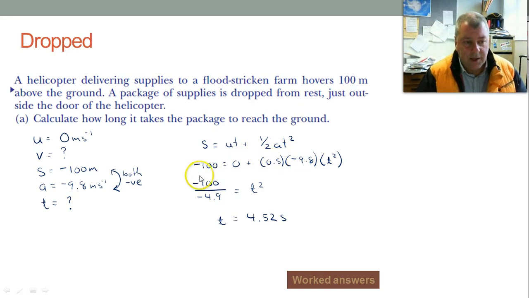This disappears, and so we end up with minus 100 divided by minus 4.9, and that's where having the correct sign has been important, because we can then take the square root of that and we get our answer, in this case 4.52 seconds.